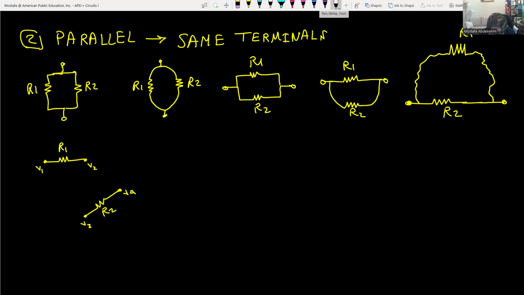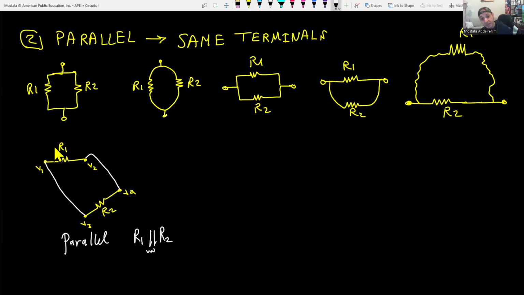If I connect V1 to V3 and V2 to V4, this is parallel. Yes, R1 now is parallel to R2, and this is how we write parallel when you analyze a circuit.